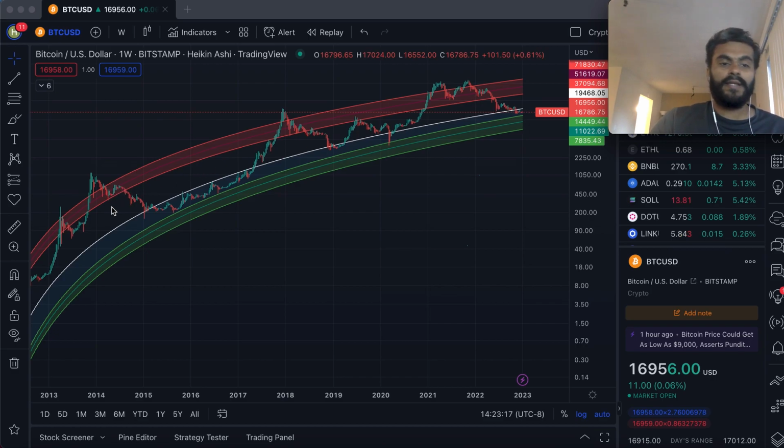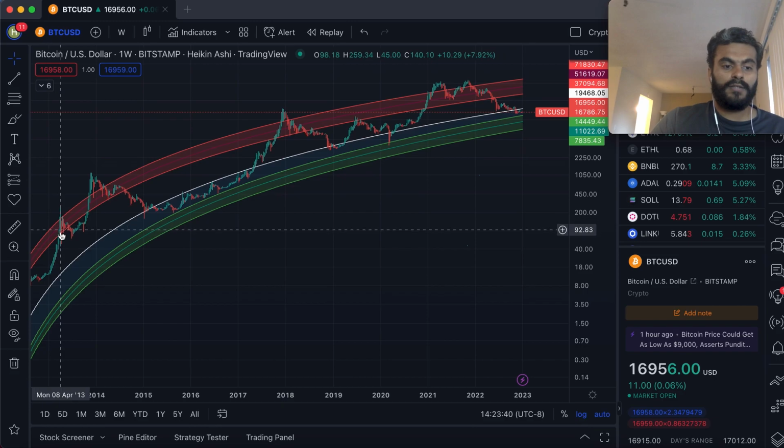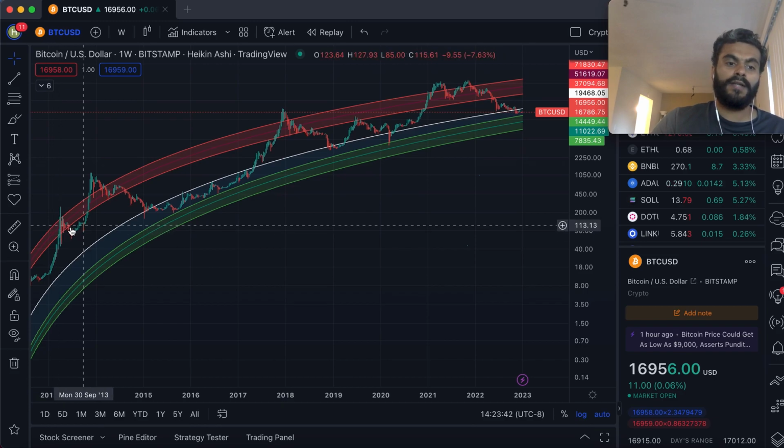So let's take an example of Bitcoin's entry and exit from the red band. Ever since Bitcoin was tracked, the first time it went to this red band of overvaluation was during the first hype of Bitcoin, or the first bullish phase, in April of 2013, and it exited that band again in June of 2013.